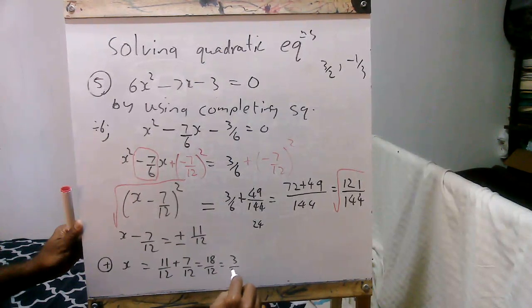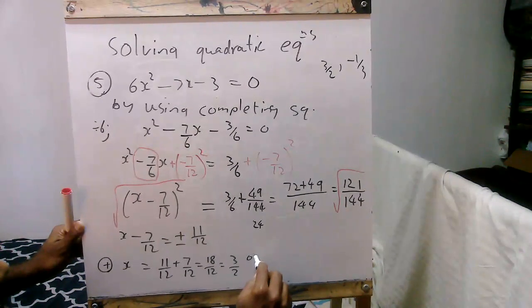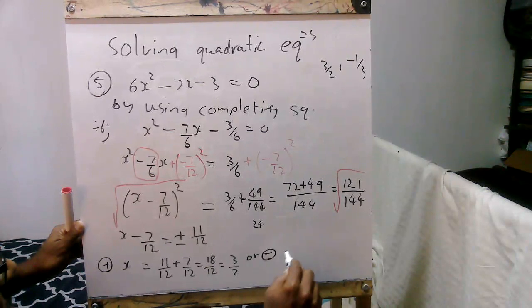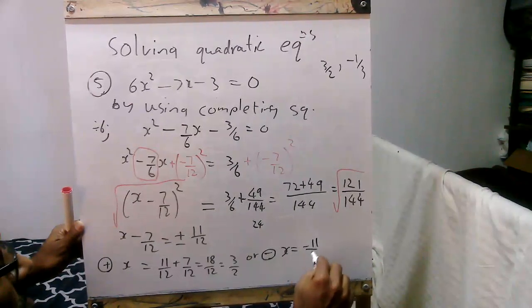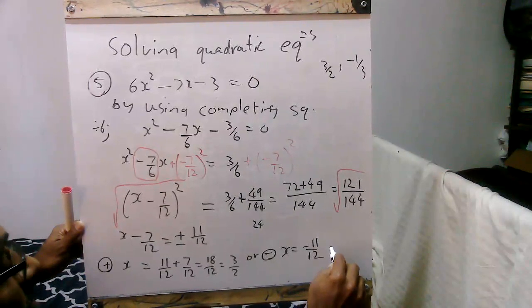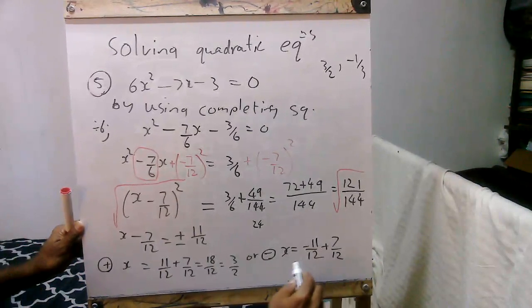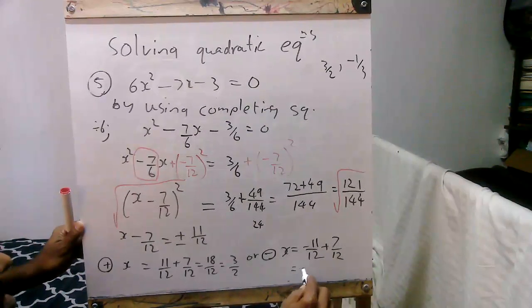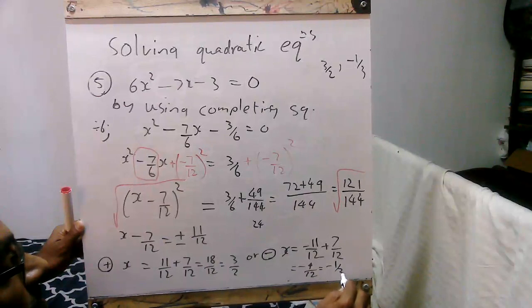Which is 3 over 2, okay? Or with minus we get x equal to negative 11 over 12 plus 7 over 12, this is negative 4 over 12, negative 1 over 3.